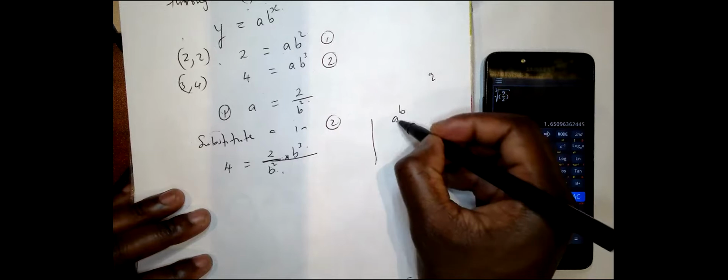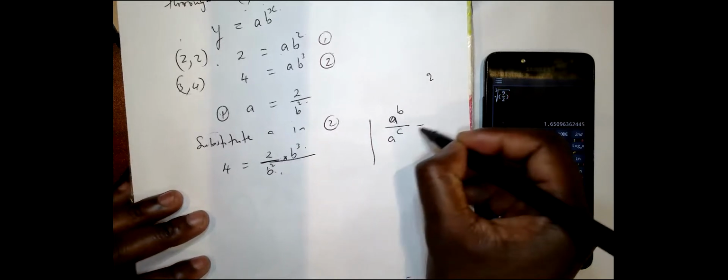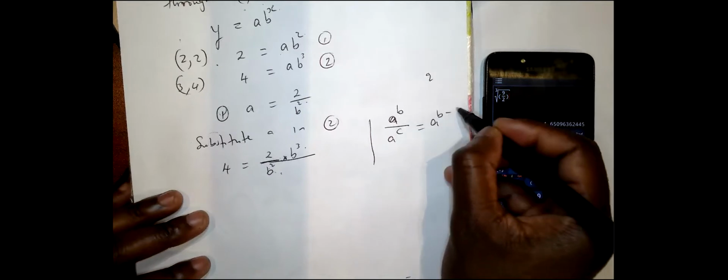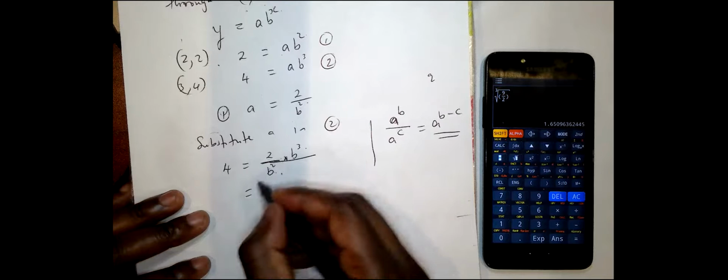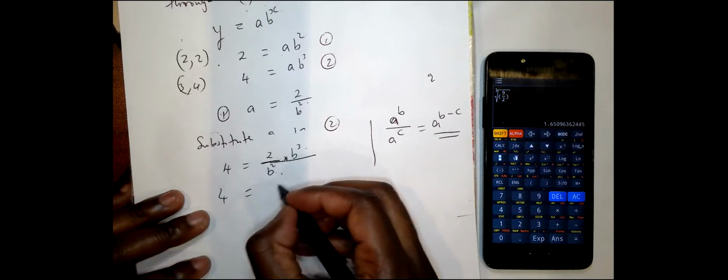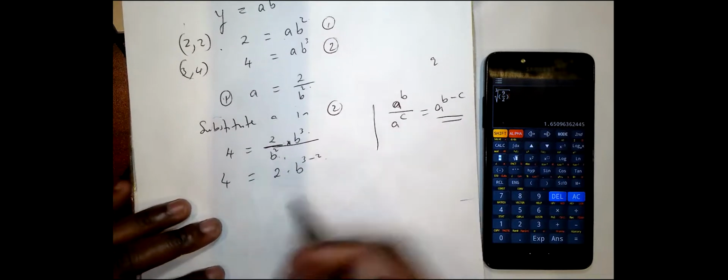Now we have b cubed divided by b squared. You know that a to the power of b divided by a to the power of c equals a to the power of b minus c. This is the law of exponents. So 4 equals 2 times b to the power 3 minus 2, which is 1, so it's just b.